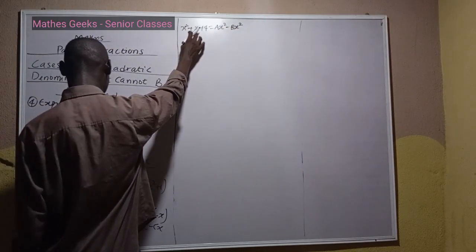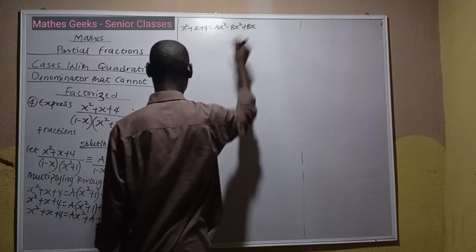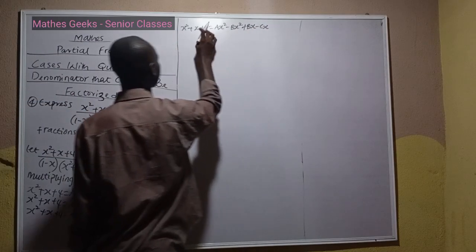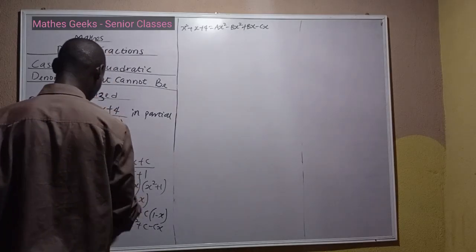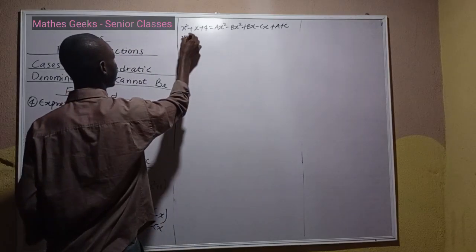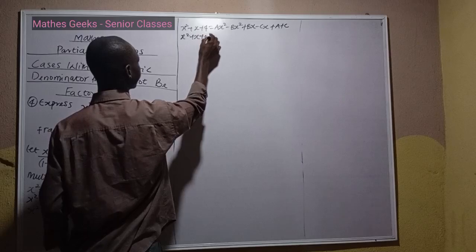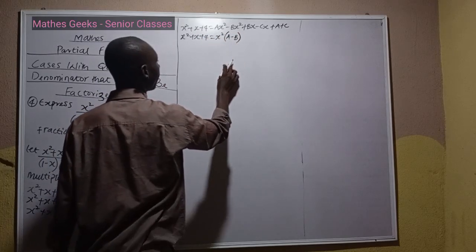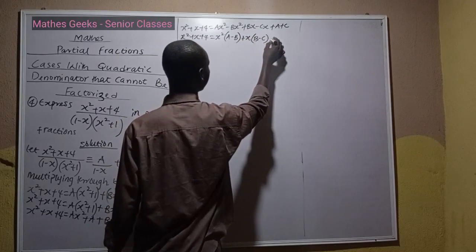Then coefficients in x will give us plus bx and minus cx, and constants will give us plus a plus c. So x squared plus x plus 4 is equal to x squared (a minus b), plus x (b minus c), plus a plus c.